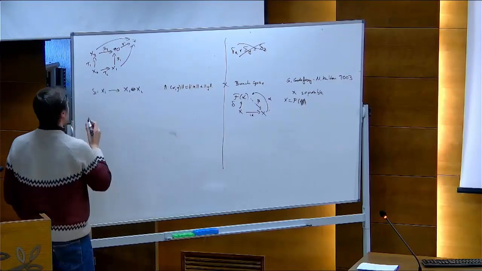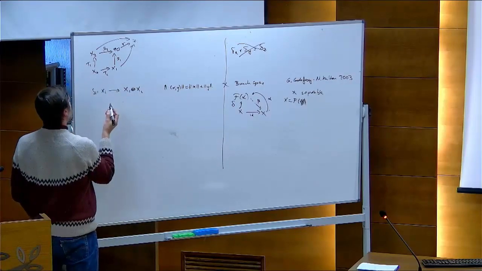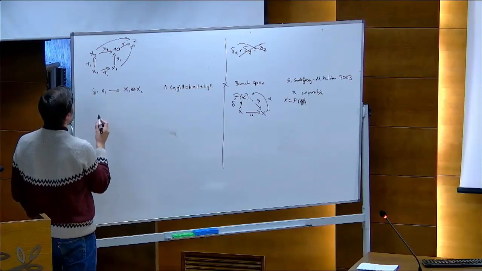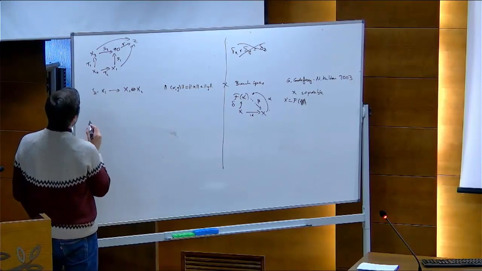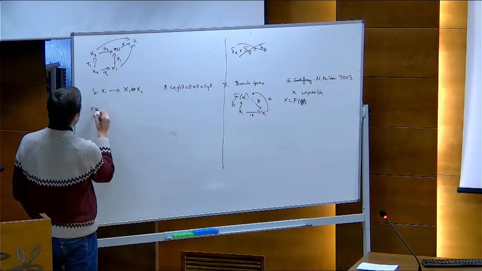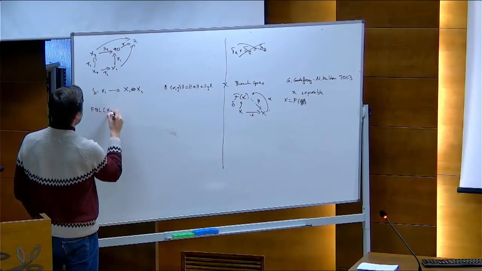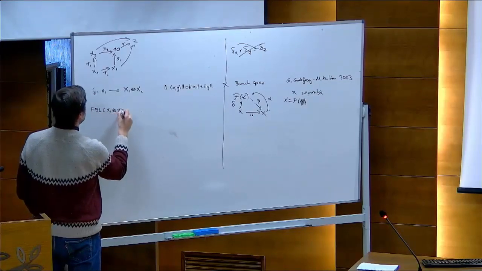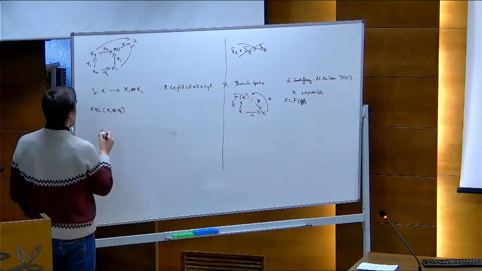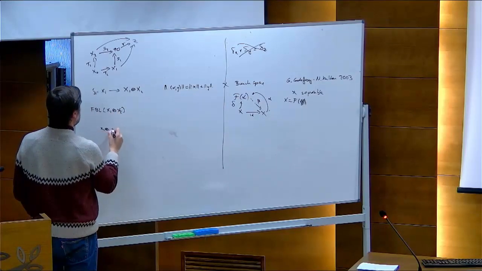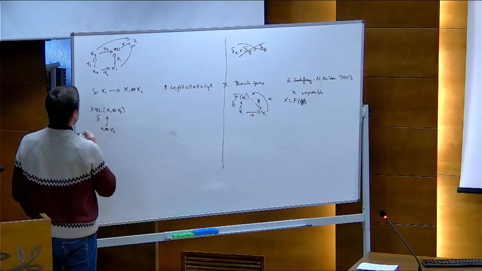I have several things I want. I could look at the free Banach lattice generated by the sum, where of course I have a copy of this space, which I will call delta.